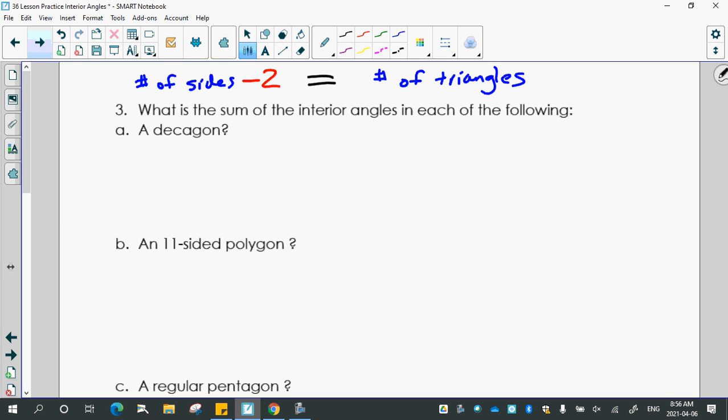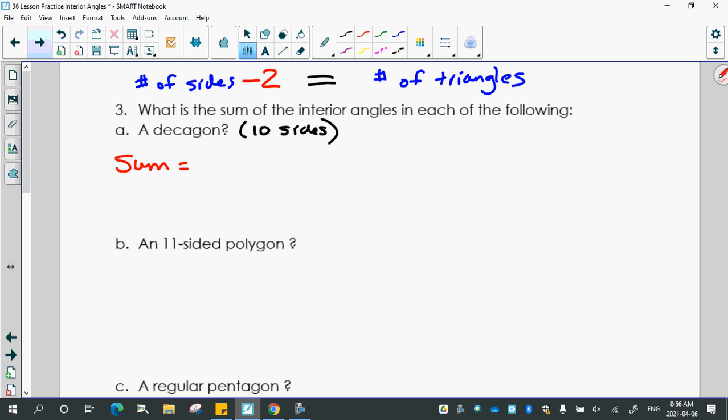So if I want to know the sum of interior angles of a decagon, which is 10 sides, without drawing the picture, if there's 10 sides, according to the formula up there, how many triangles is there going to be? Pardon? 8 triangles.